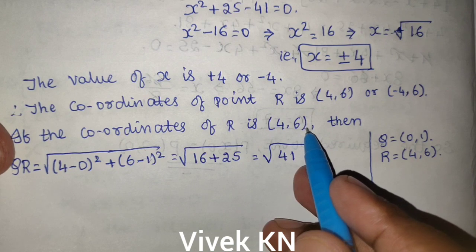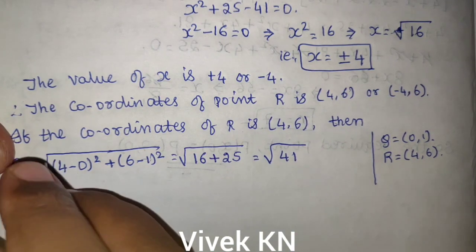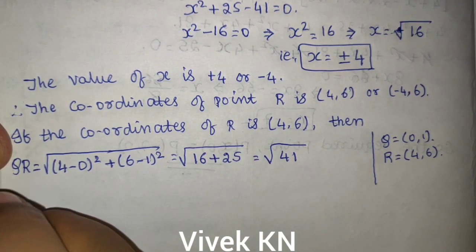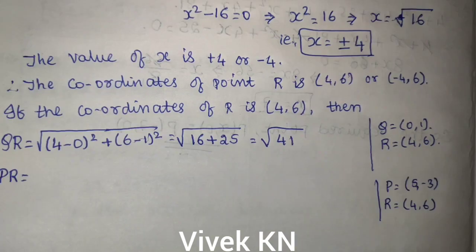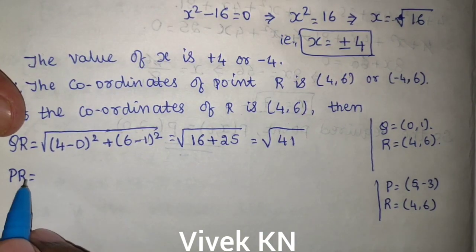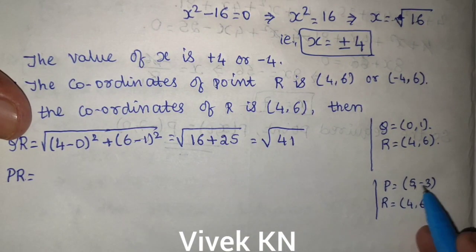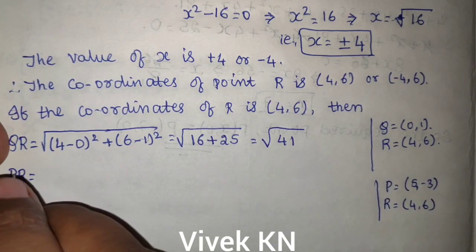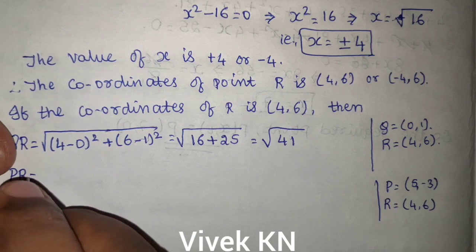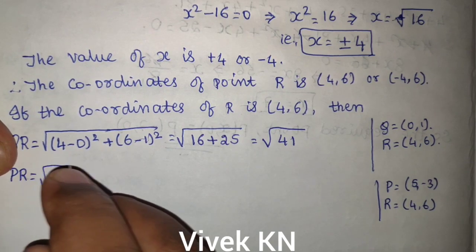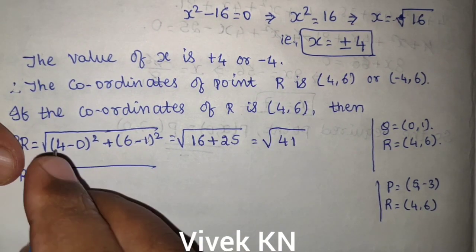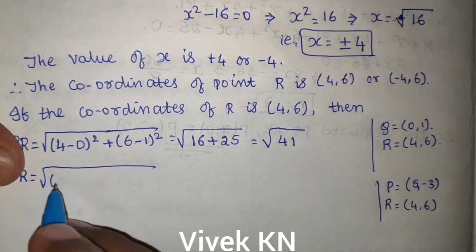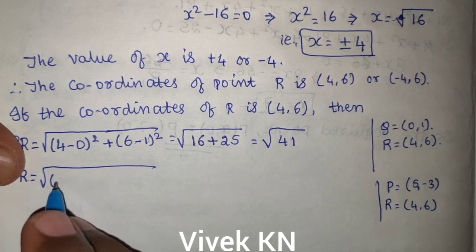Now let us find the distance between the points PR. For PR, this is x1 y1 and this is x2 y2. Now let us find the distance between the points P and R by using distance formula, which is given by under root of x2 minus x1 whole square.